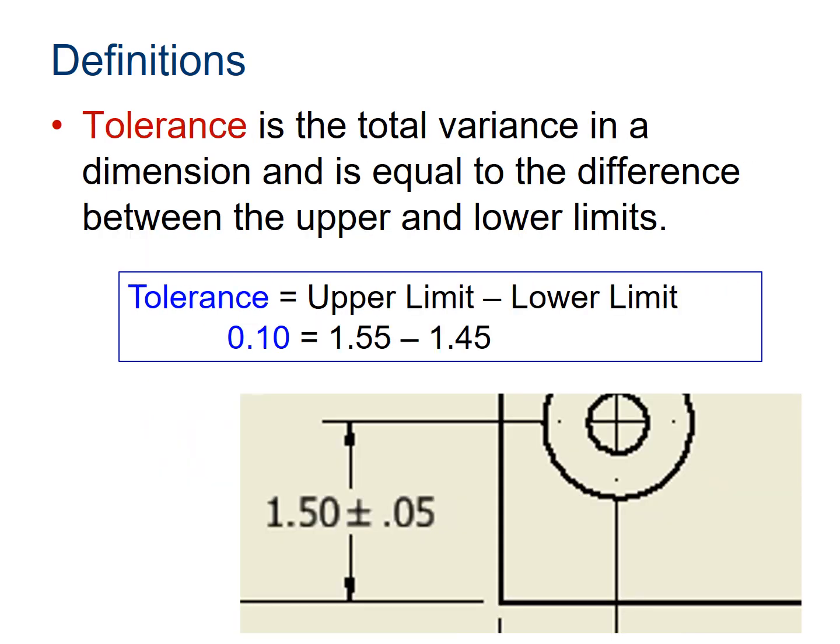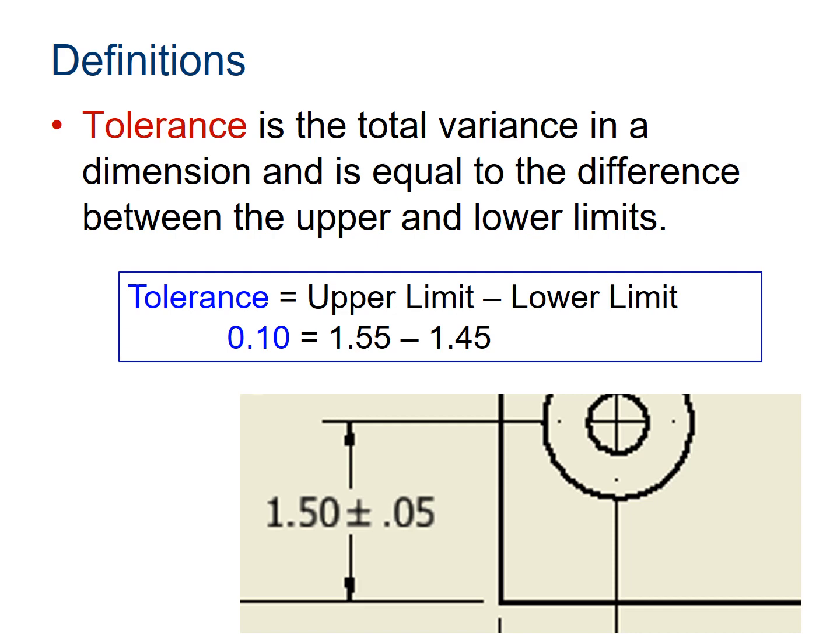Now your tolerance, so you had your specified dimension, and now your tolerance. This is the total variance in the dimension, and it's equal to the difference between the upper and lower limits. Okay, so your tolerance here is going to be the upper limit minus the lower limit. So I've got a 0.10 tolerance.